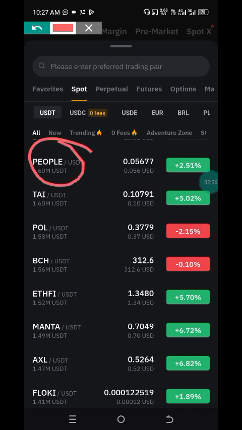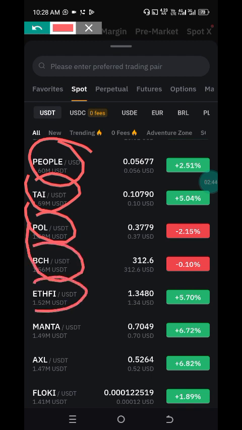So now this coin is PEOPLE, this is TIA, this is POL, this is BCH, and ETHFI. Anyone you choose, you can buy it with USDT.